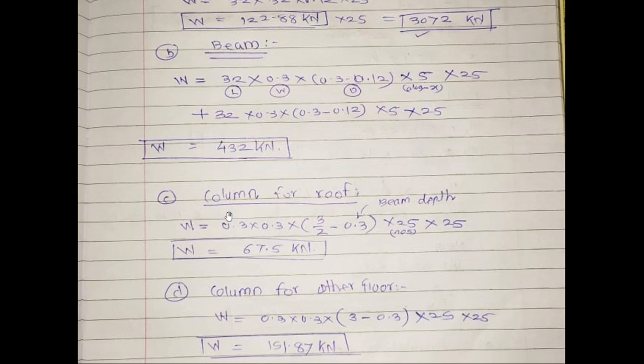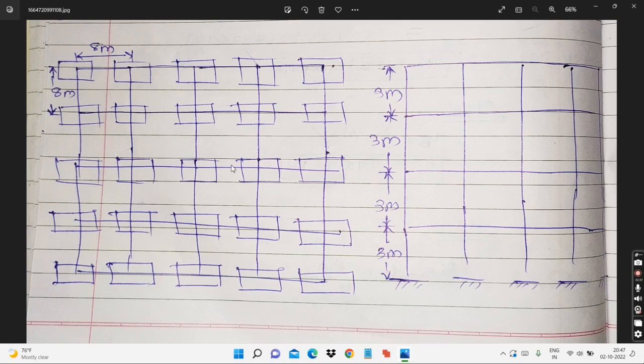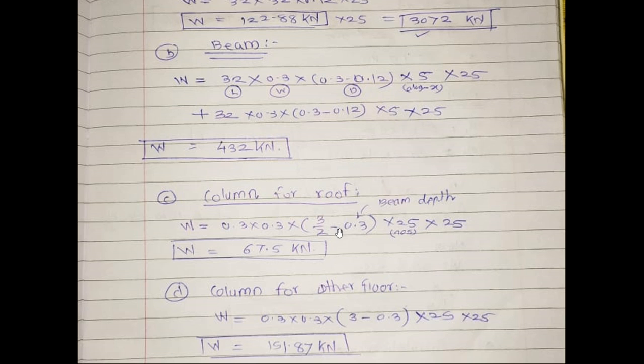And for the column, if we are considering the roof, the weight is to be calculated with these given dimensions into, for the roof, we are considering only half height. Here we are considering only half height for the roof, 3 by 2. So 3 by 2 minus this 0.3.